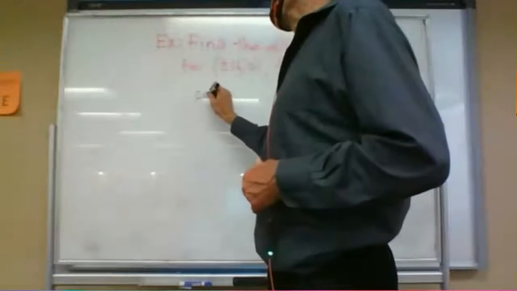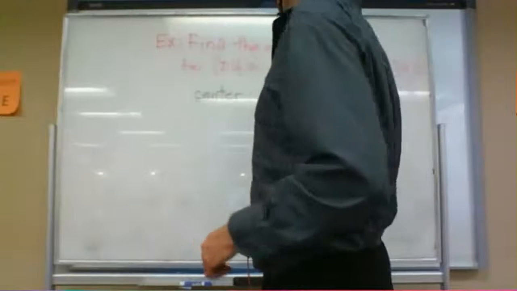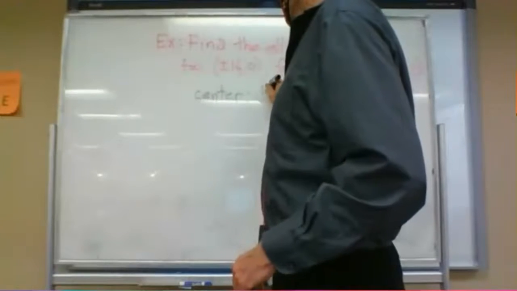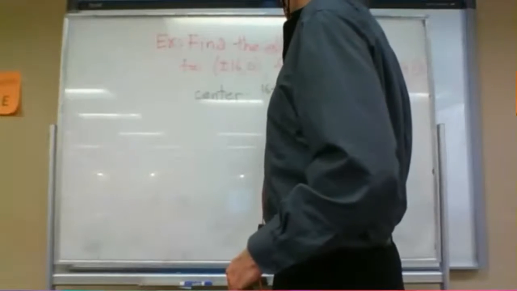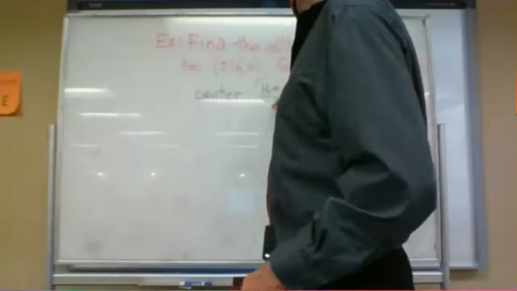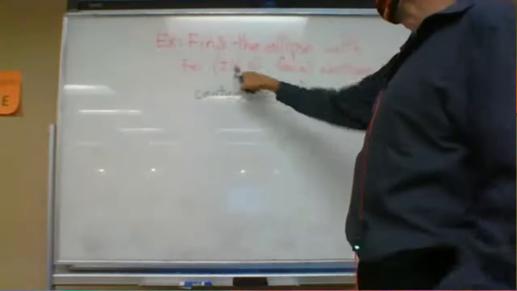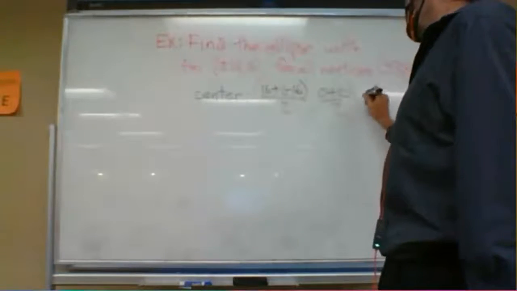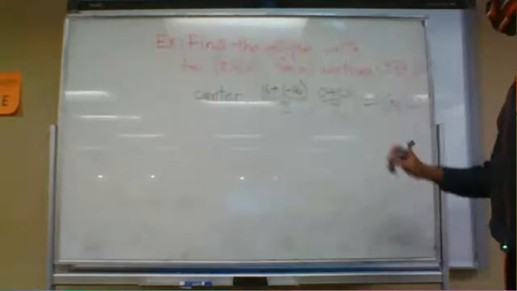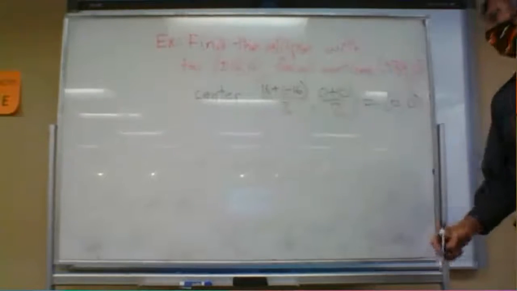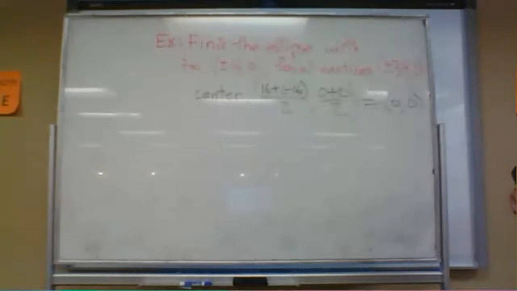But we can do it this way. The center is the average of the two foci coordinates or the two vertices coordinates. We'll take 16 plus minus 16, the two x coordinates, over 2, and the two y coordinates, 0 plus 0 over 2. For the two foci, we average the x's, we average the y's, and we just get 0, 0, the point halfway between. You don't even have to compute this one. But there's the center.